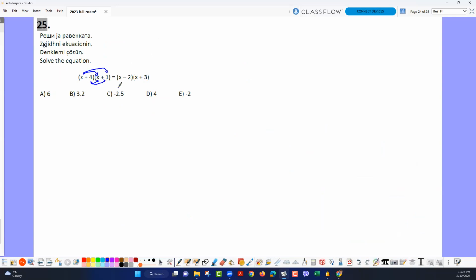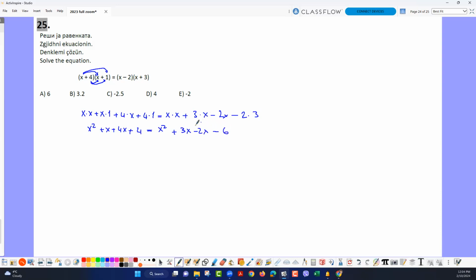So x times x plus x times 1 plus 4 times x plus 4 times 1 is equal to x times x plus 3 times x minus 2 times x minus 2 times 3, which is x squared plus x plus 4x plus 4 is equal to x squared plus 3x minus 2x minus 6.